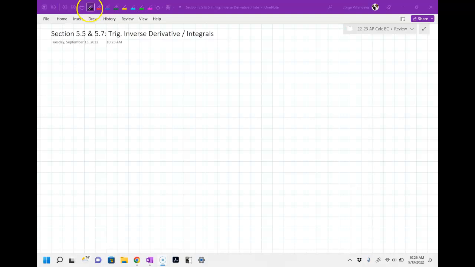Normally for a sine function, if I just wrote sine of x and asked you for the domain and the range, the domain is negative infinity to positive infinity, and the range is from -1, inclusive, to 1.